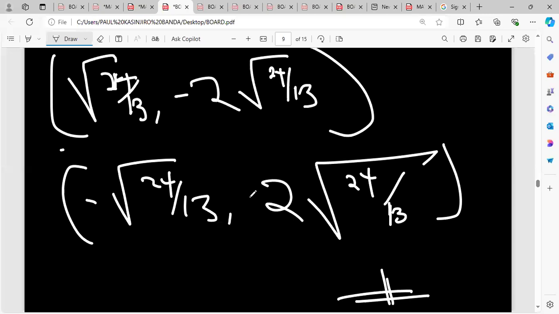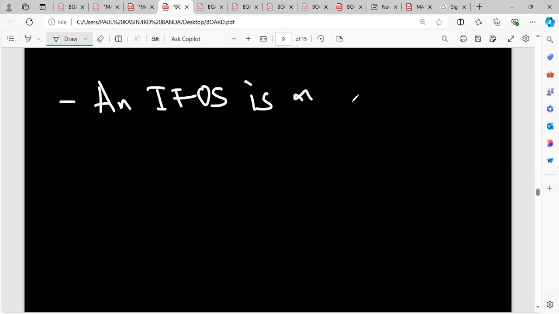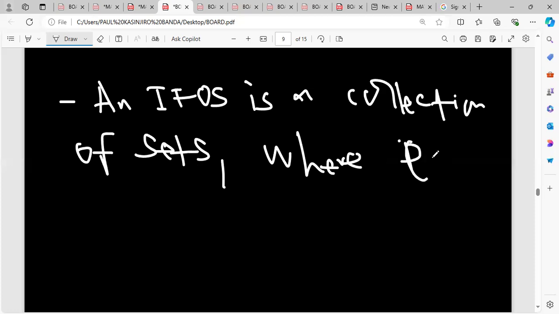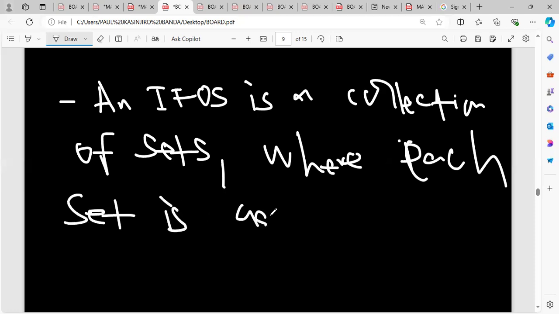If I go to my board here, I would say an indexed family of sets is just a collection of sets where each set is associated with an index.